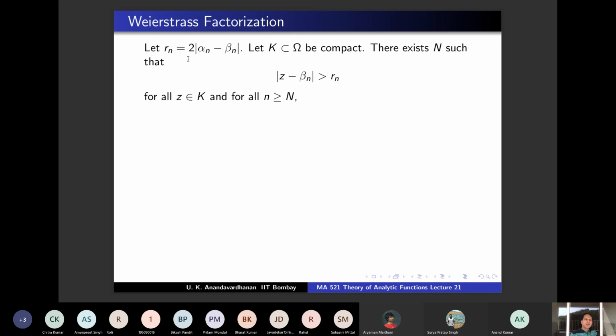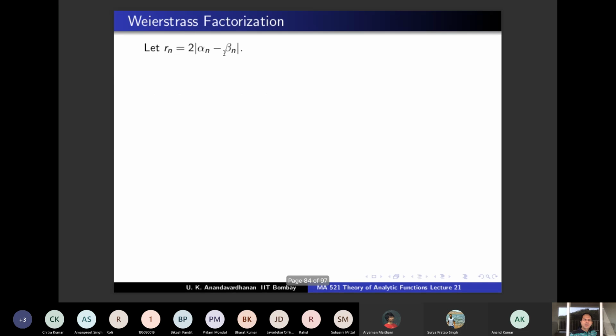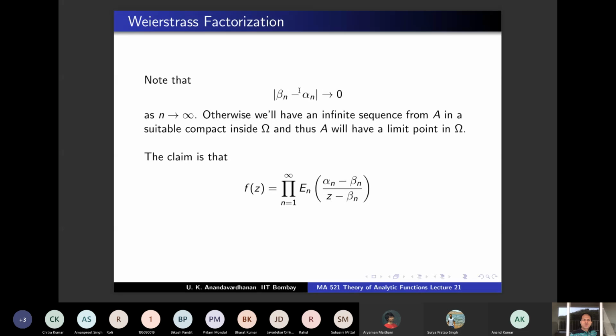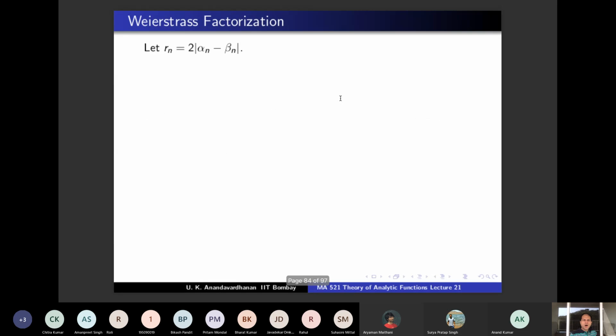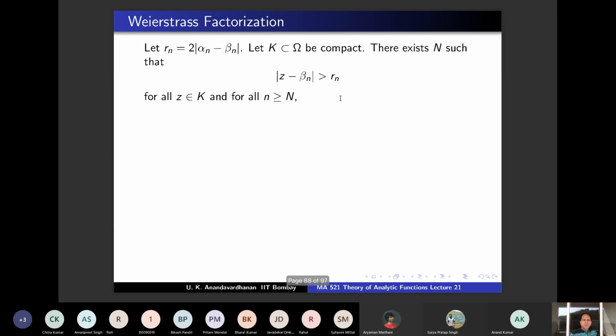What you know about Rn is that alpha n minus beta n, we have already claimed, goes to 0. So Rn goes to 0. So beyond a stage, Rn is very small. So mod of z minus beta n can be made bigger than Rn, and this can be done for all z in K.